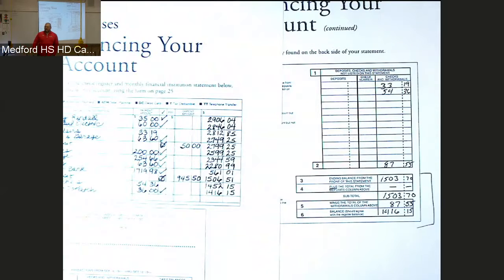Okay, in real life, honestly, maybe 50% of the time it is, 50% of the time it's not. It all depends on how good at math you are, how accurate you are, and how accurate that balance is in your register. And a lot of times you can go back and find some simple adding errors or subtraction errors that make up the difference.